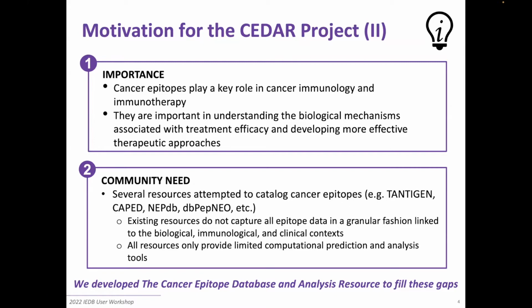Not at the same level that the IEDB type of structure does. And also conversely, there are limited resources in terms of the capacity to predict and analyze specifically cancer epitopes.